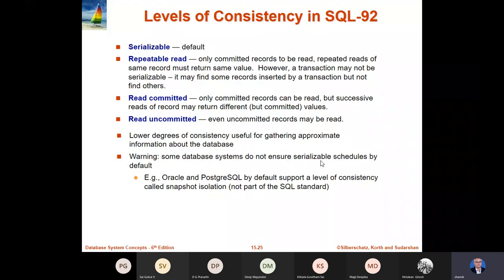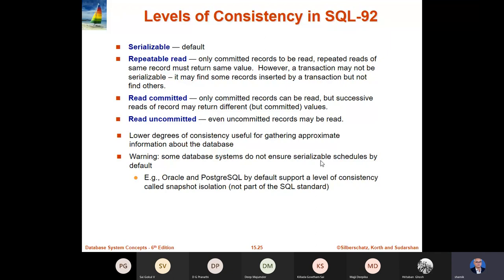but it might get some new records inserted in the process. Read committed: as we go from the first bullet point to the second and third, we are making weaker and weaker levels of consistency, which also leads to higher and higher levels of concurrency. So read committed means only committed records can be read, but successive reads of a record may return different values.